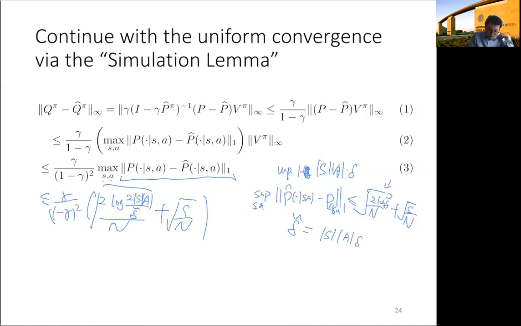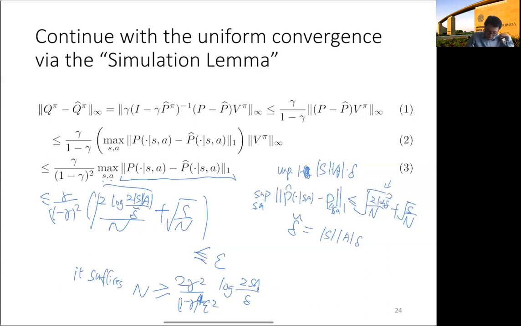Okay, and how do we calculate epsilon? For this to be smaller than epsilon, it suffices for n to be larger than gamma, 1 minus gamma square epsilon, I guess this is to the fourth, gamma square 2 log 2 SA over delta.